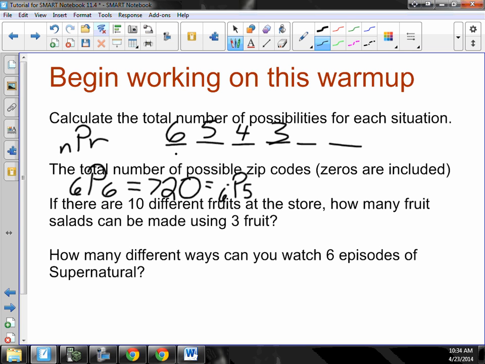The last one is automatically decided. Whether or not I watch it, it's already decided. So I could put 2 times 1, but even if that 1's not there, the answer is still 720. Because as soon as you pick the second to last episode, you have picked the last episode. And that's with the permutation without replacement.